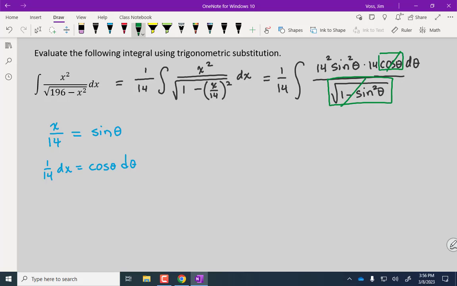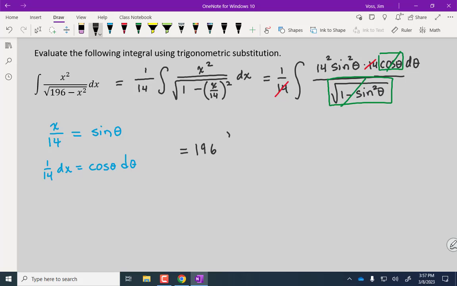Square root of cosine squared is cosine. And those cancel. We can also cancel one of the 14s with the denominator. So we're going to end up with 196 out in front from that 14 squared. I'm going to cancel these two. So we're going to have 196 out in front. It looks like the only thing left is sine squared in there.